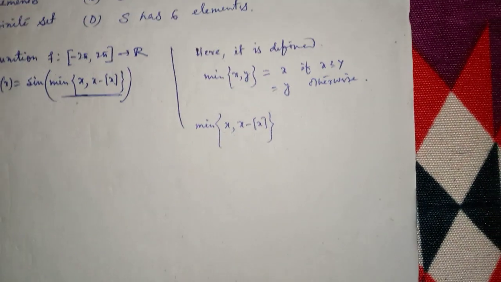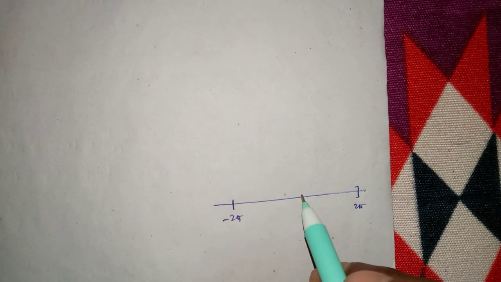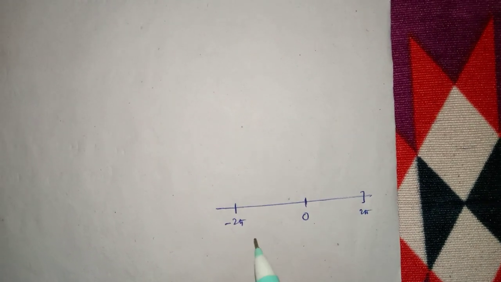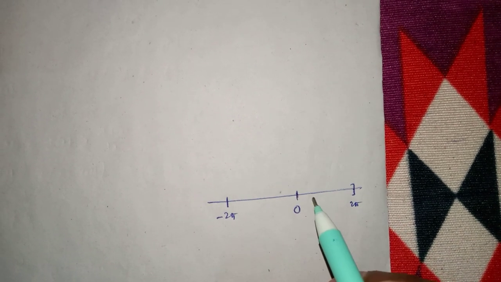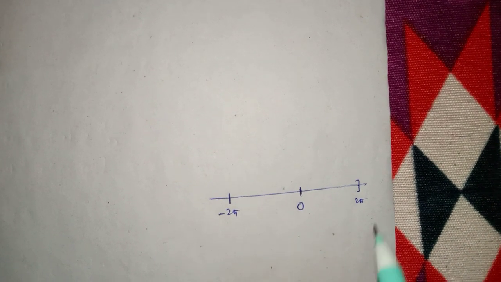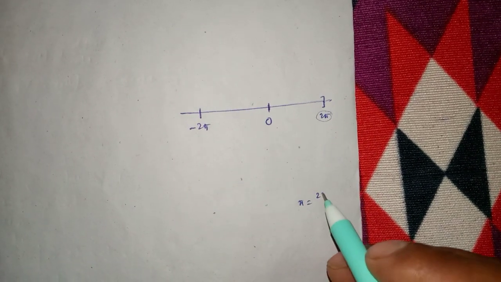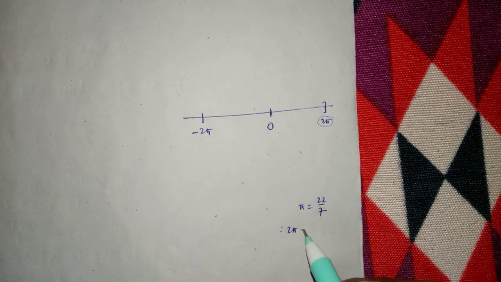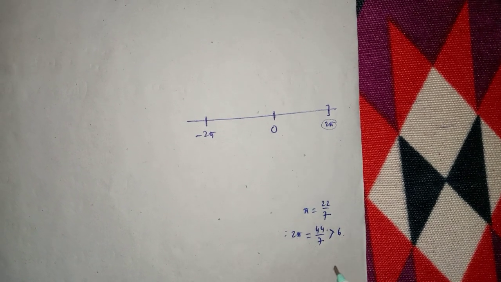Here the interval is minus 2 pi to 2 pi, so here 0, and from 0 to 2 pi there are 6 integers 1, 2, 3, 4, 5 and 6, because pi equal to 22 by 7, so 2 pi is equal to 44 by 7, so it is greater than 6.